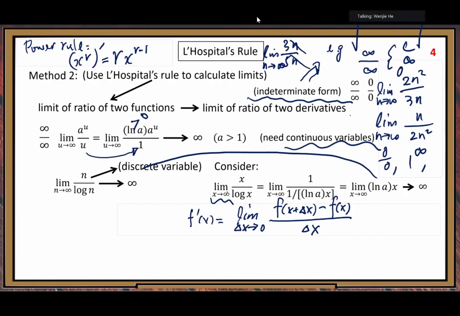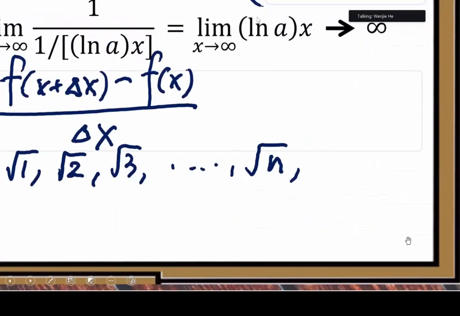Let me show you the different ways x approaches infinity. x takes root 1, root 2, root 3, root n.